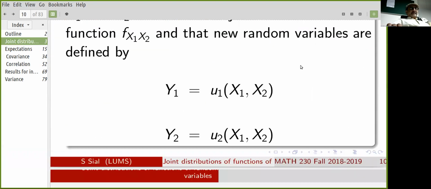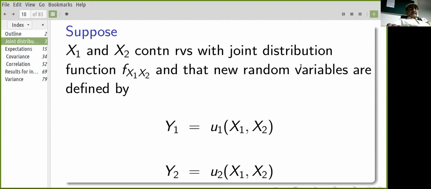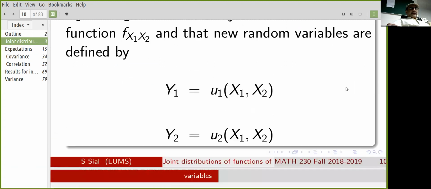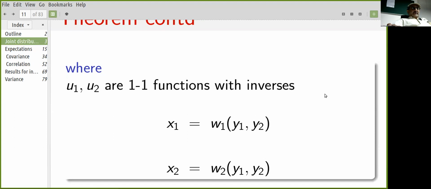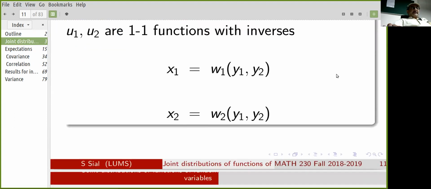In the continuous case, with a joint distribution, if you have x1 and x2 as continuous random variables, and they have a joint PDF f sub x1, x2, and the new random variables are given by y1 is equal to u1 of x1, x2, and y2 equals u2 of x1, x2, and u1 and u2 are one-to-one functions, so we can find inverses: x1 equals w1 of y1, y2, and x2 equals w2 of y1, y2.